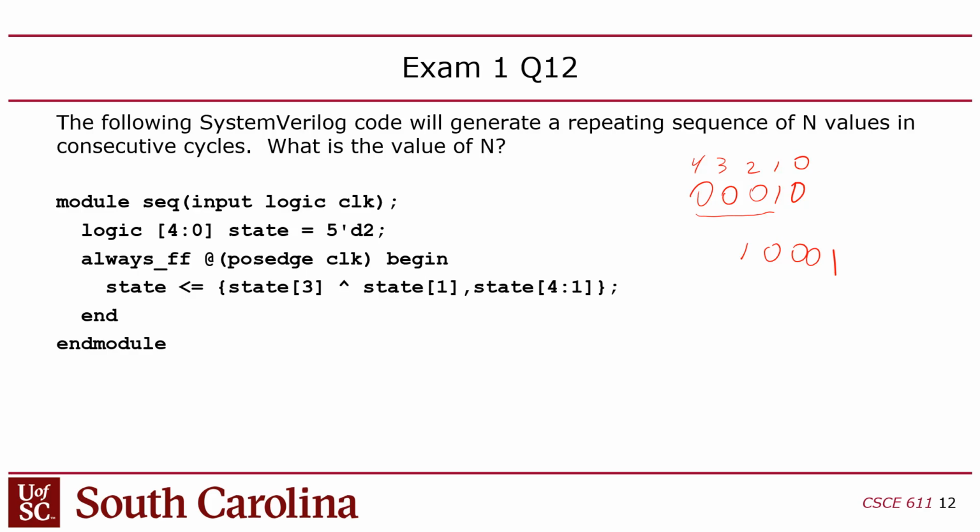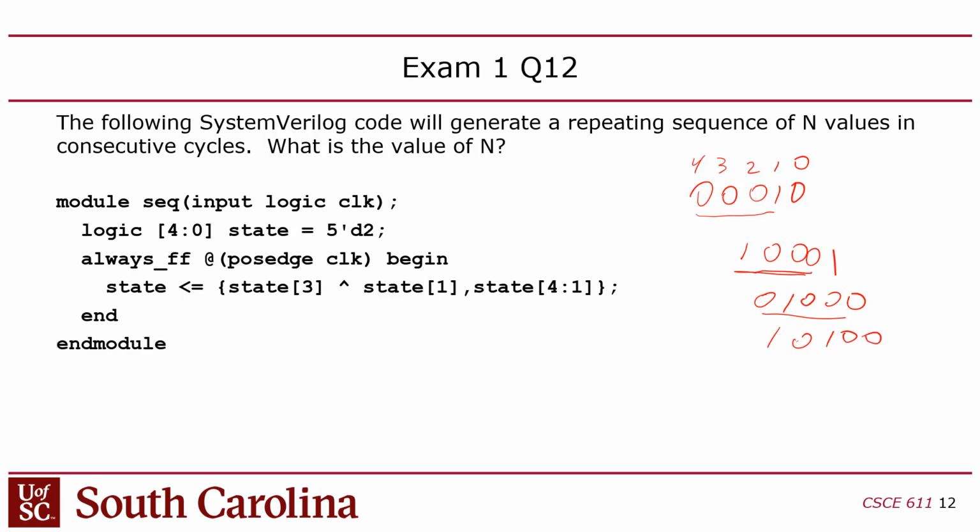Then again, we shift the upper 4 bits down, and the new most significant bit is going to be 0 XOR 0, so that's a 0, right? Then again, 0, 1, 0, 0, those get shifted down, and we put in 0 XOR 1, so 1.